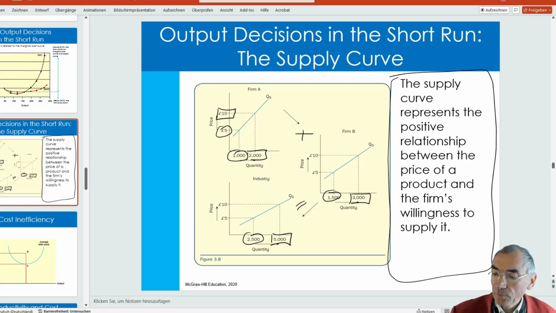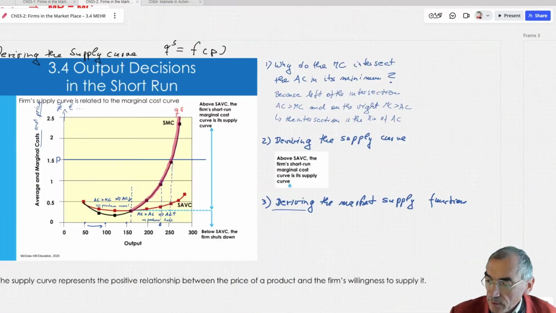The supply curve represents the positive relationship between the price of a product and the firm's willingness to supply. There is again the term that we have been using in the last chapter. We use it here, the willingness to supply. It's about the plans of the producers. Deriving the market supply function as the sum of the individual supply functions of the single firms.